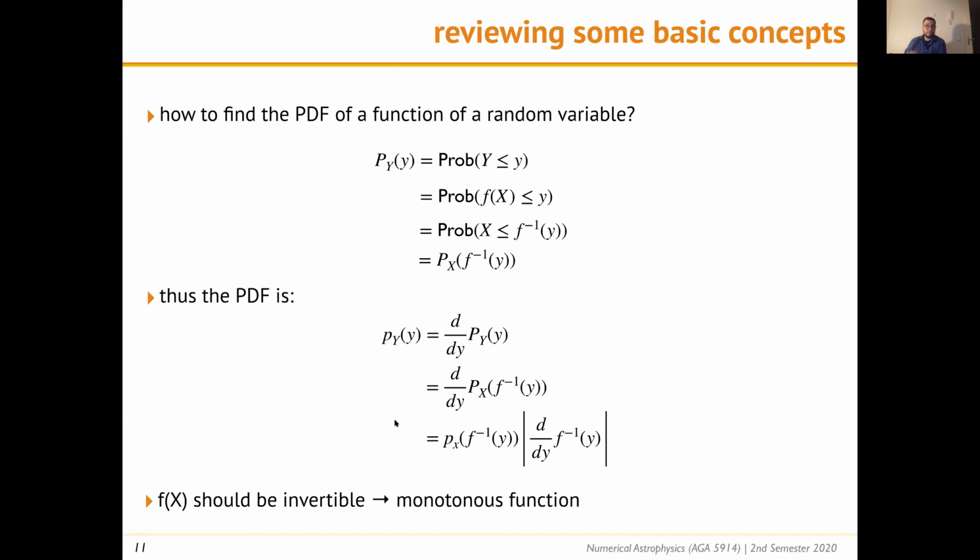This is just a simple algebraic manipulation, okay? We note that in order to do all these things, the function should be invertible. And if that's true, then the CDF is always a monotonous function, which is obvious, as I said before.